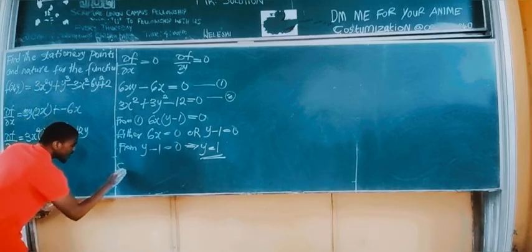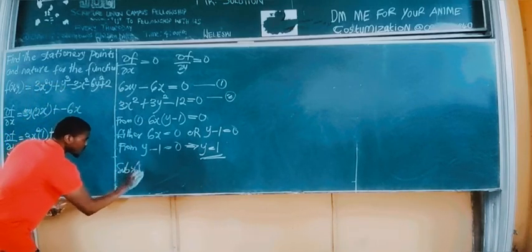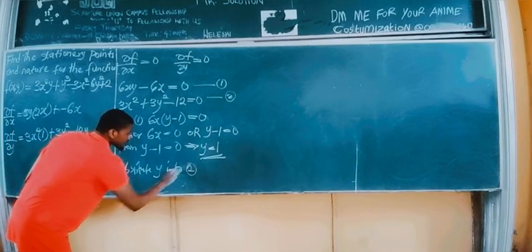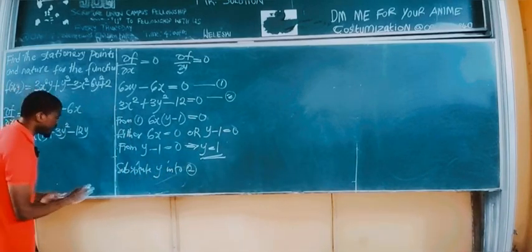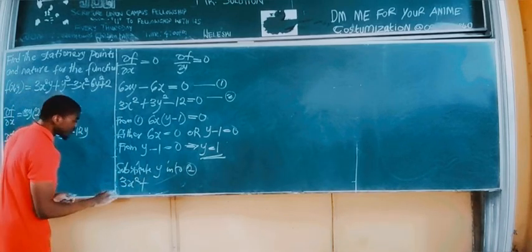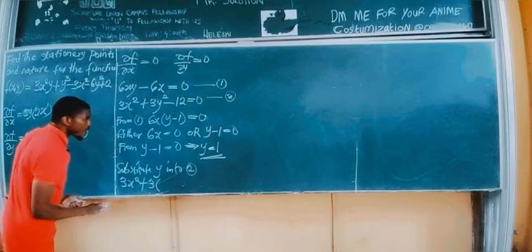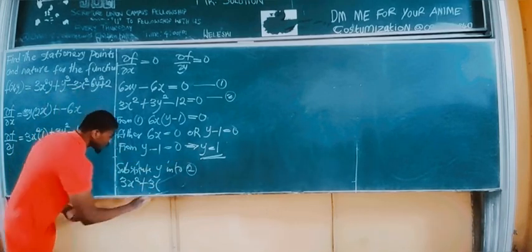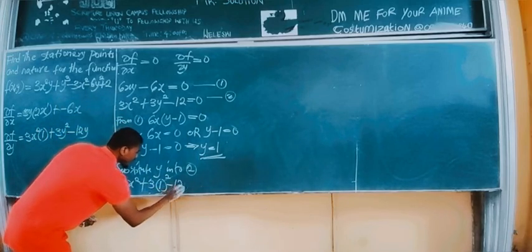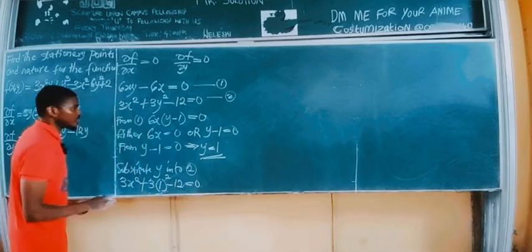So substitute y into equation 2. If I do that, I will simply have 3x squared plus 3, in place of y squared, y is equal to 1, so it becomes 1 all squared, minus 12, and that's equal to 0.